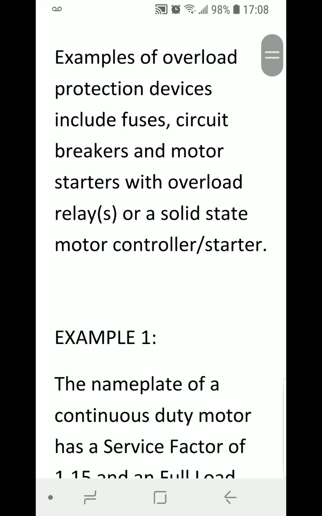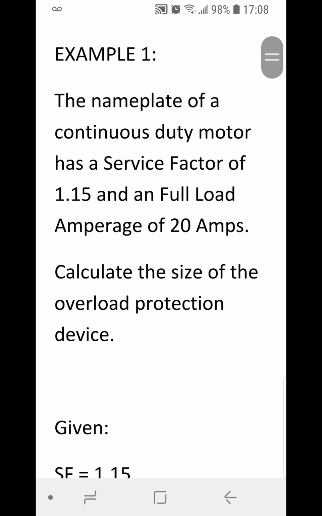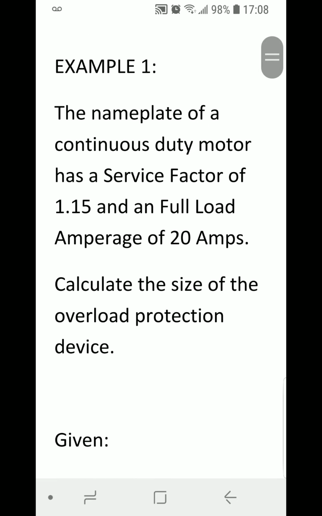Examples of overload protection devices include fuses, circuit breakers, motor starters with overload relays, or solid state motor controller or starter. So there are 3 examples here that I will discuss.